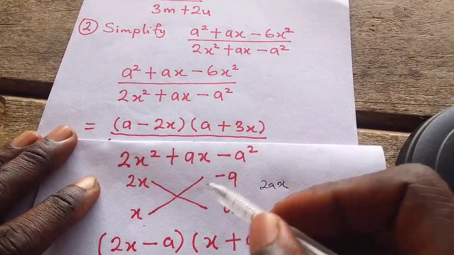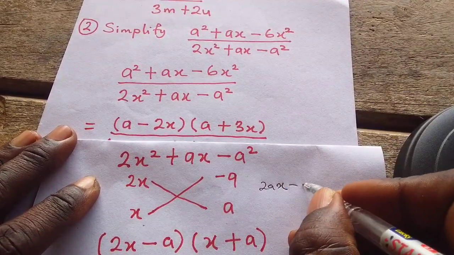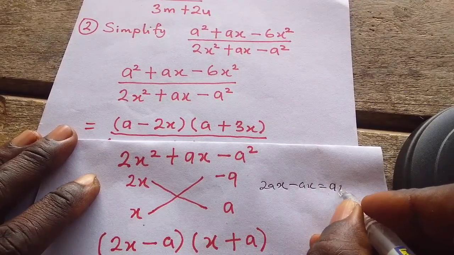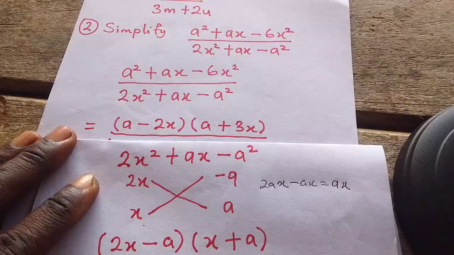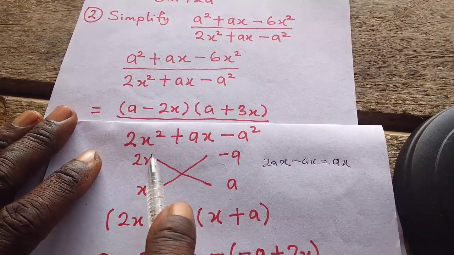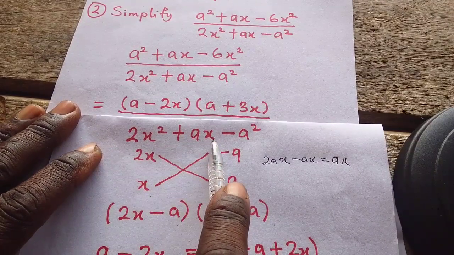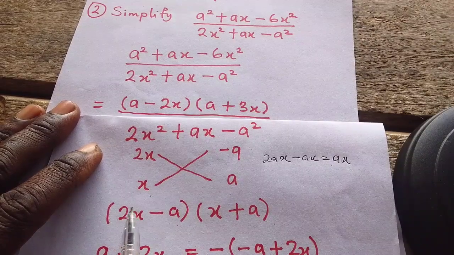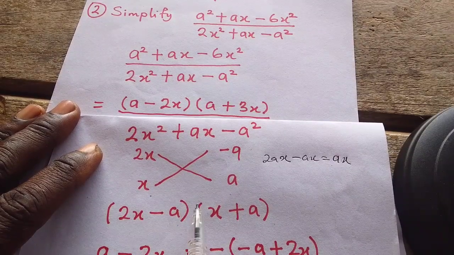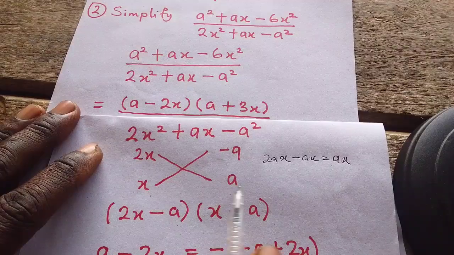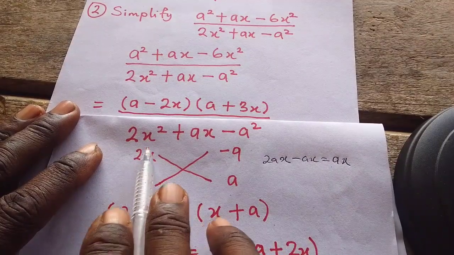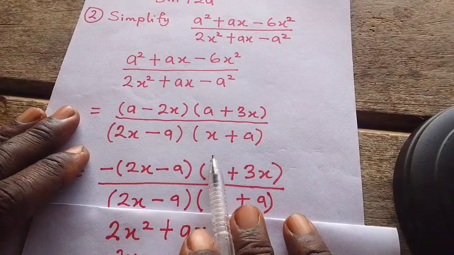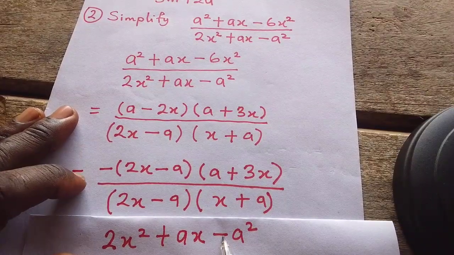Then x times minus a will give us minus ax. 2ax minus ax will give us plus ax. So it gives us what's in the middle. So that means the factors of 2x squared plus ax minus a squared will give us 2x minus a times x plus a. So that is what you now write in the denominator.